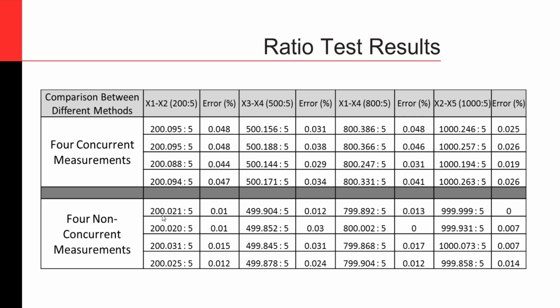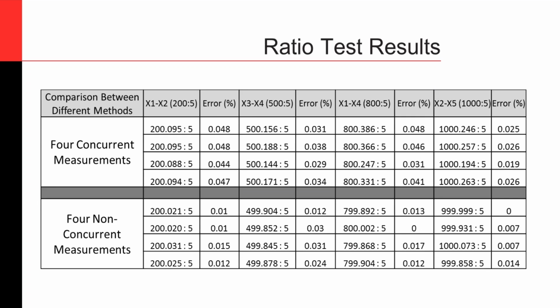This is between X1, X3, X2, X3, X2, X4, and X2, X5. Ratio test, pretty much as you can see, there's not much of a difference between a non-concurrent test and a concurrent test.